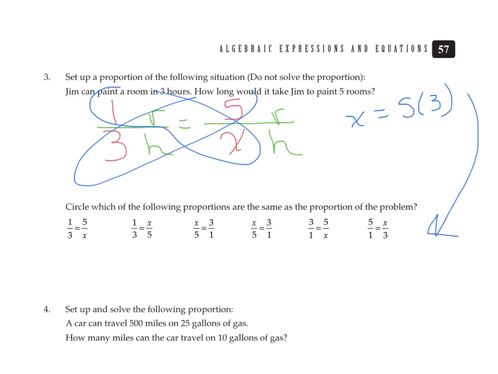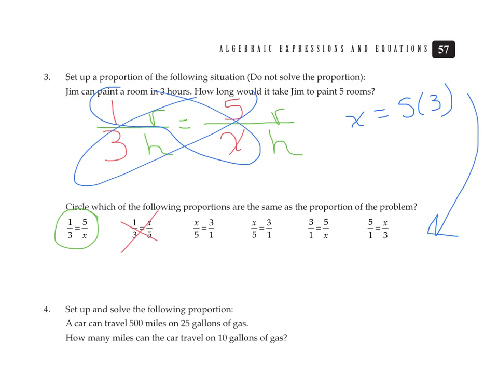So the x needs to be times the 1, and the 5 needs to be times the 3. And if you look at this first one, that's exactly what you have. This is identical to ours, so obviously this one is correct. This one does not have x times 1, it has x times 3. So this one is not correct.